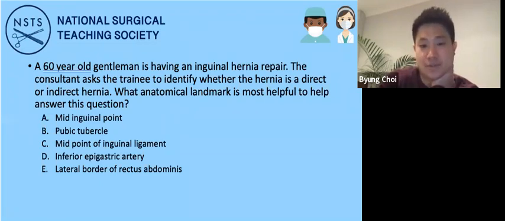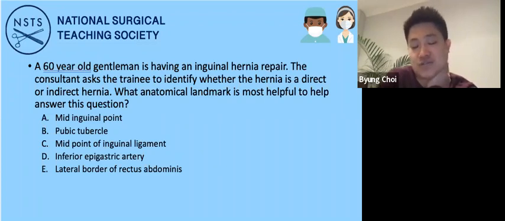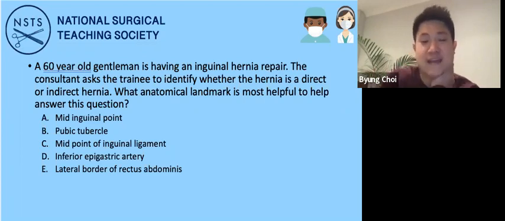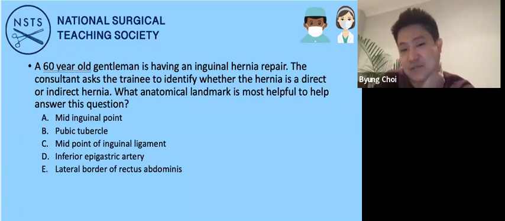So just working through these, E, the lateral border of the rectus abdominis, although it is also part of the Hesselbach triangle border, a lump or hernia may happen anywhere lateral to it anyway, so it's not really helpful in that regard.